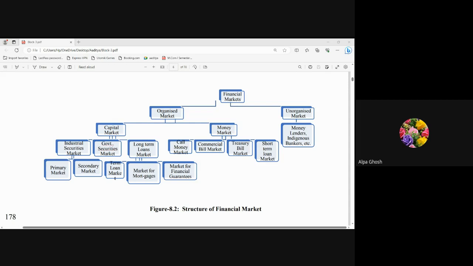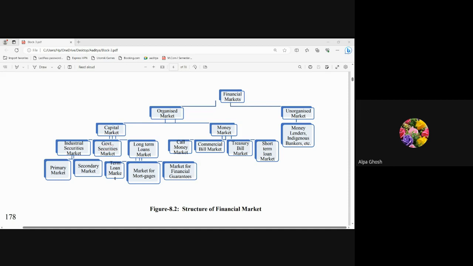So the sources through which the investment is made in money market and capital market: in capital market, we have industrial securities, that means shares of companies, we have shares of government, and we can also have long-term loans from the financial institutions.